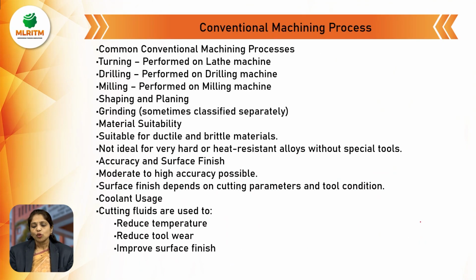These are a few common conventional machining processes like turning, drilling, and milling. Turning operations can be done by the use of lathe machines, and drilling can be done by drill machines.